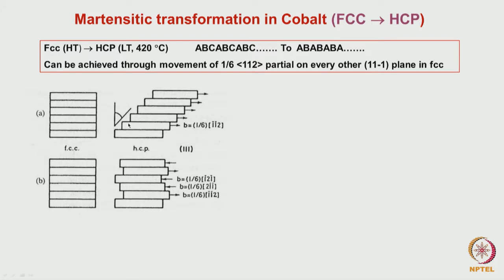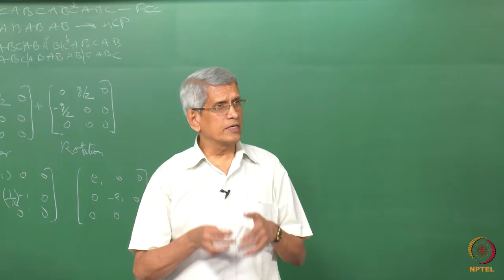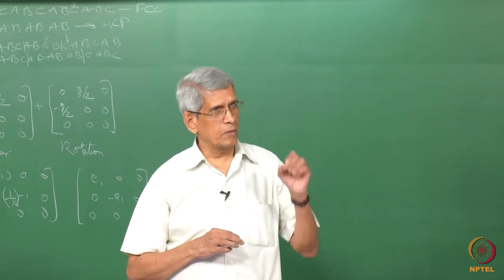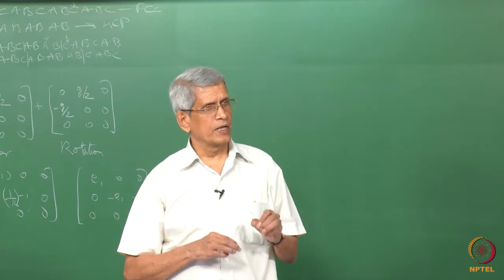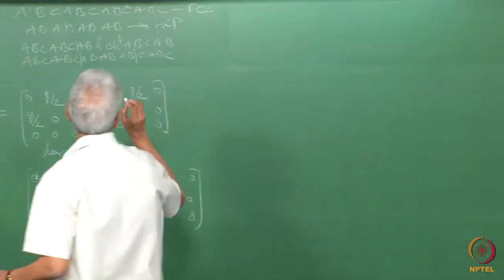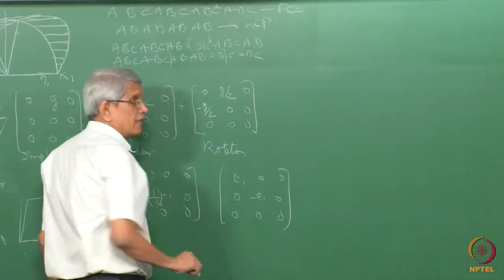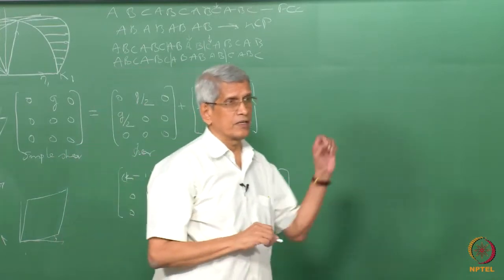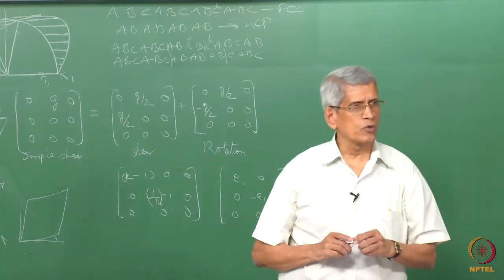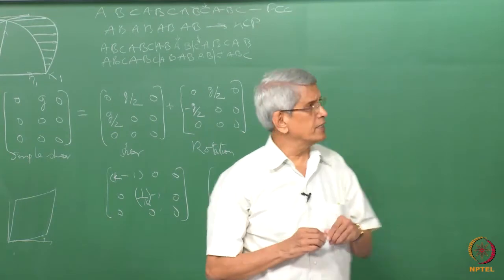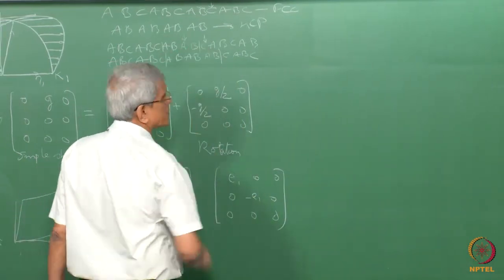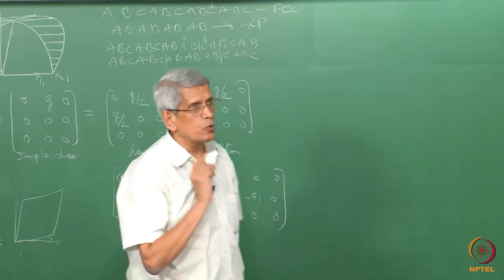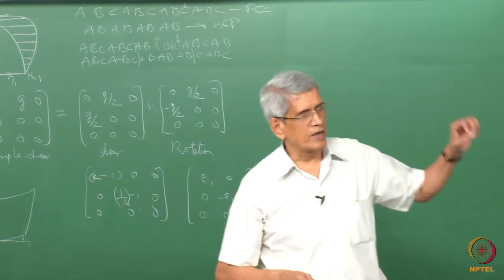No, that depends upon the temperature and the chemical free energy change which is going to take place. Even when we generate one defect, that is, when one partial passes through a plane, it generates a stacking sequence AB, AB. That means that a nucleus of HCP has already formed.